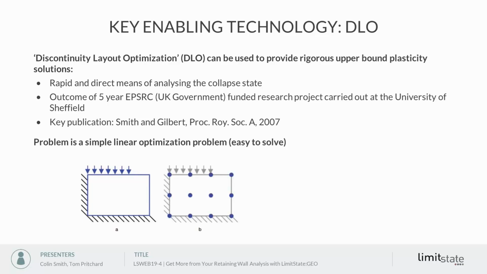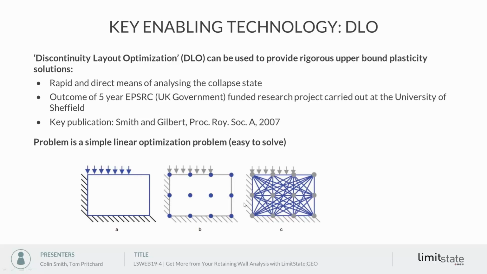To solve the problem, we discretize it by putting a series of nodes on the problem rather than elements, so it's a node-based problem rather than an element-based solution. Here we put a very small number of nodes, just 12, 3 by 4. In effect, we connect every node to every other node with a potential slip line. That gives us, from our 12 nodes, 12 times 11 over 2, 66 possible slip lines.